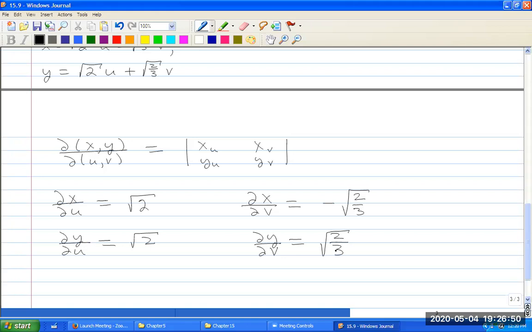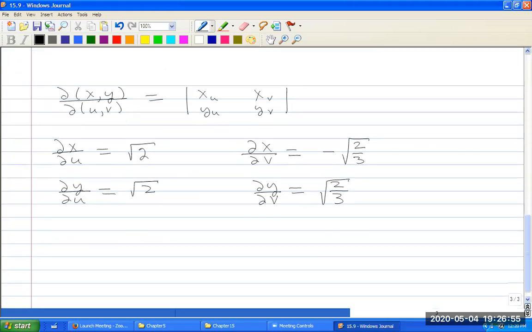Okay, so let's calculate the determinant. Let's calculate this Jacobian. I need more space.